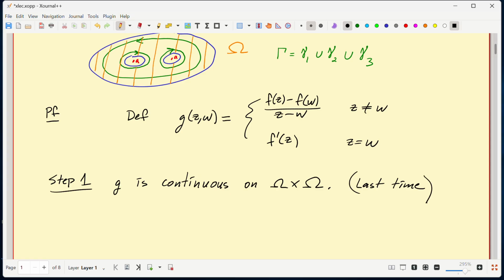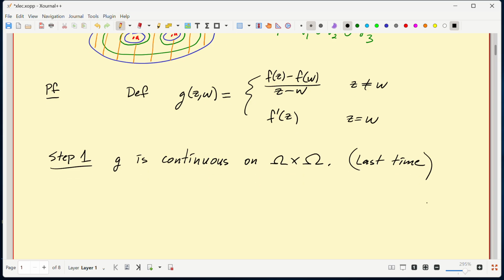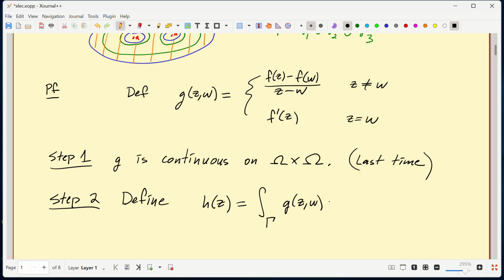Last time I also defined H. H of Z is what you get from integrating G in the W variable around the cycles.